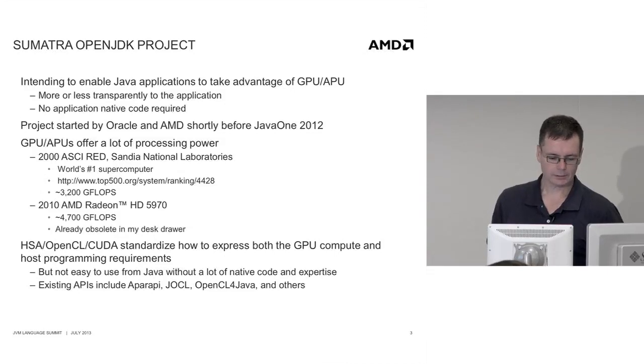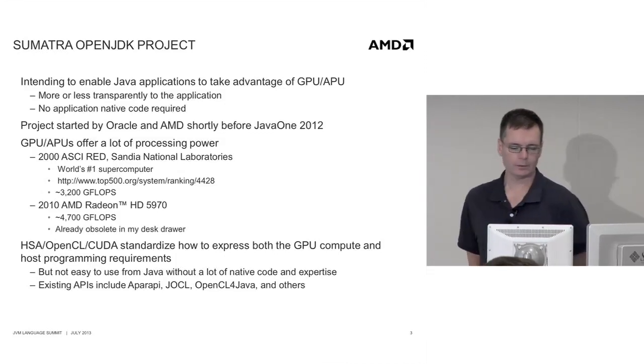We started this project last fall after some discussions with Oracle people, and we've had a really good back and forth between us over the last year. I've been working on this, and most of the guys in my own group, since about last October, I would say.